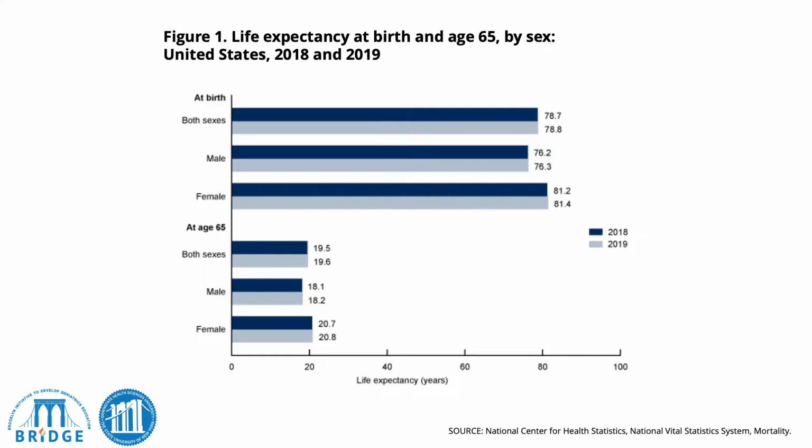I'm focusing on the United States in this framework. And so we know that in general, life expectancy is into the late 70s in the United States. There's a sex difference between males and females, of approximately the late 70s for males and the early 80s for females.